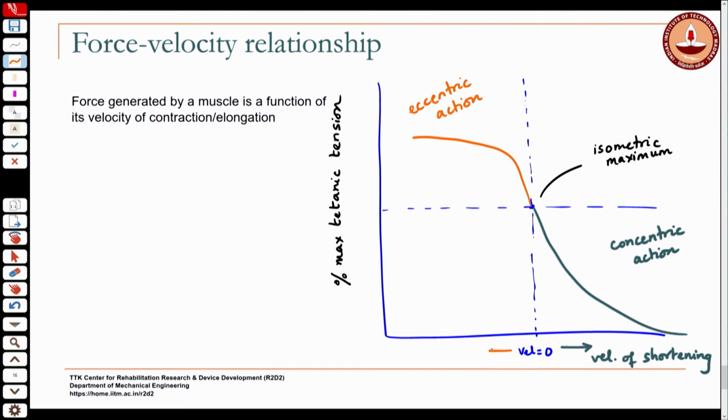This is your velocity of lengthening. Remember, the eccentric action happens because of some external agent causing the lengthening.